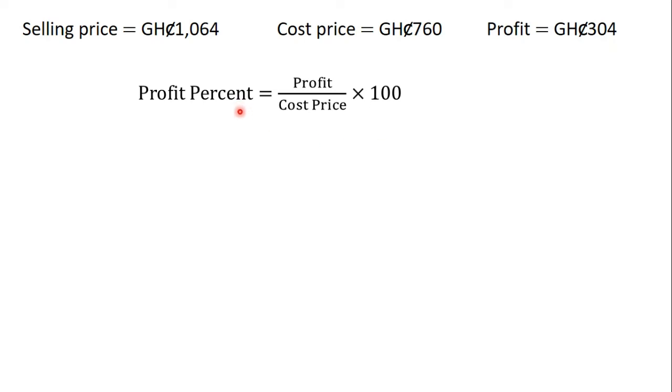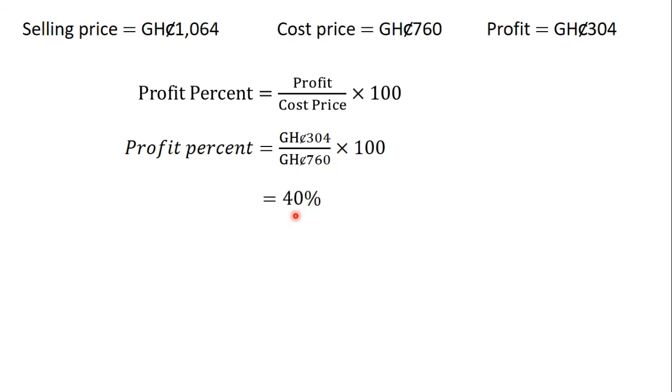The question wants us to find the profit percent. We know that profit percent is equal to profit divided by cost price times 100. So this is equal to the profit, which is 304 Ghana cedis, divided by the cost price, which is 760 Ghana cedis, times 100. And this will give us 40%.